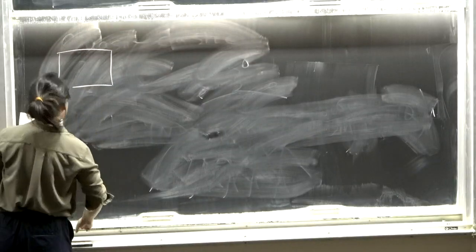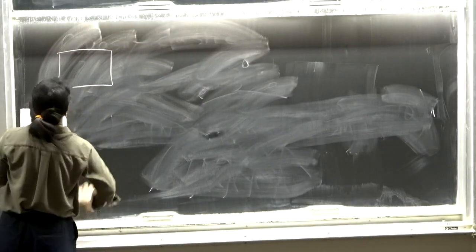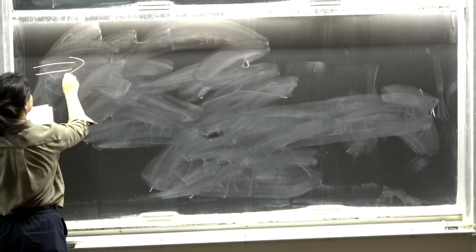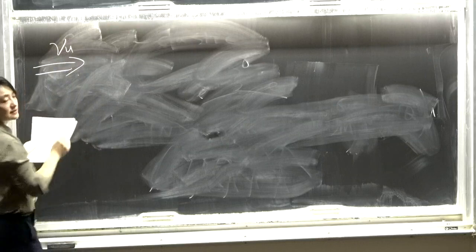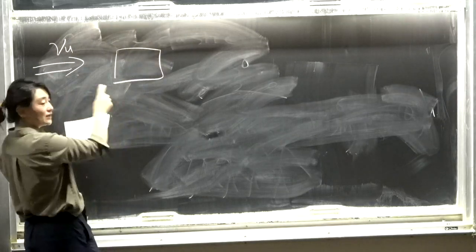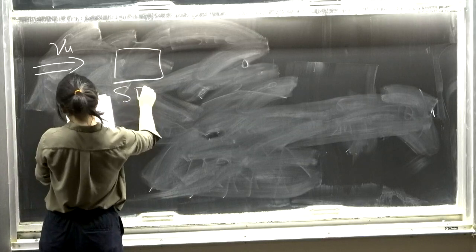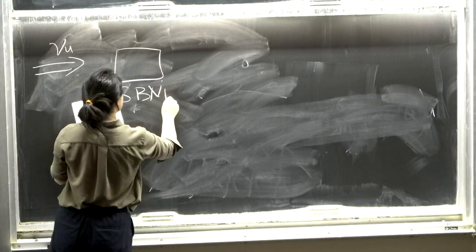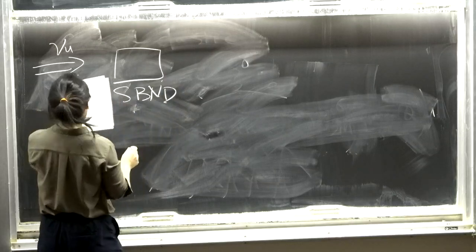So then the short baseline program is, let's start from a neutrino beam. And this will be, let's say, nu mu or nu mu bar. And they will have a detector that's very close to the source. So SBN near detector, I'm going to write it like that.